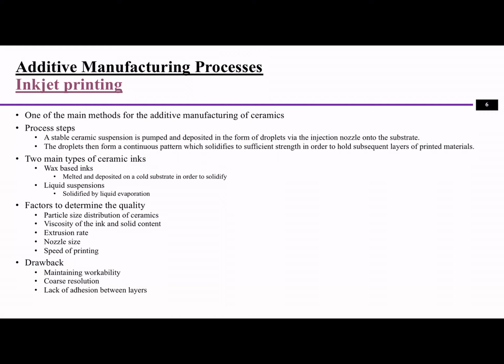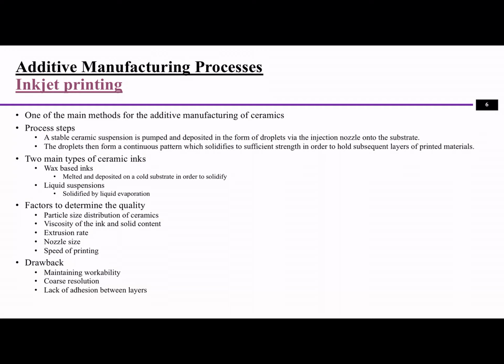Those are all common factors that also affect most manufacturing 3D printing processes if you are dealing with metals or other materials. Some of the drawbacks are that maintaining workability is a little bit hard, the resolution is coarse, and there is a lack of adhesion between the layers.